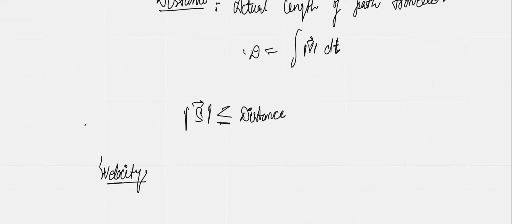Bhavna, when we talk about the velocity, what is the velocity? Velocity is nothing but the rate of change of displacement. Or you can say rate of change in position.